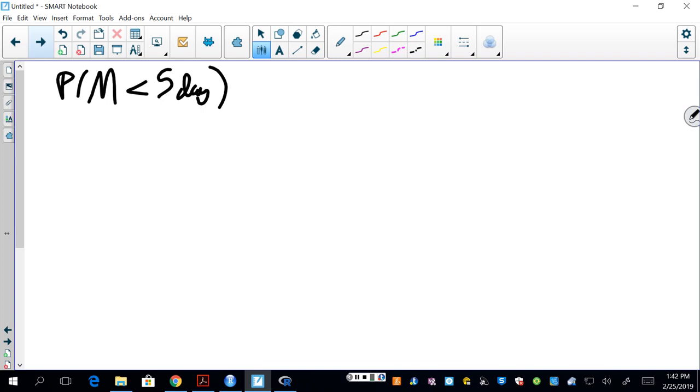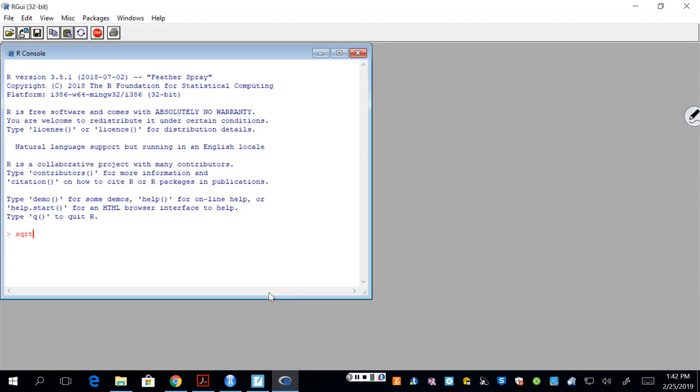The average of these was 4.8. The standard deviation is the square root of 0.9, which is 0.9 something. I would write it down, get a calculator, the square root of 0.9, which is basically 0.95.